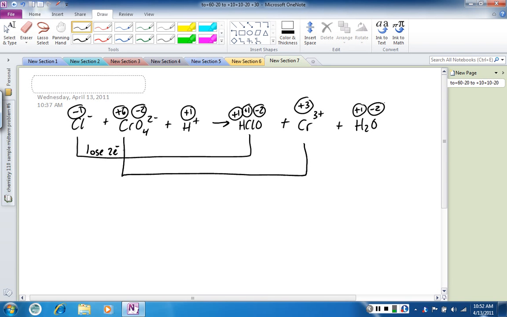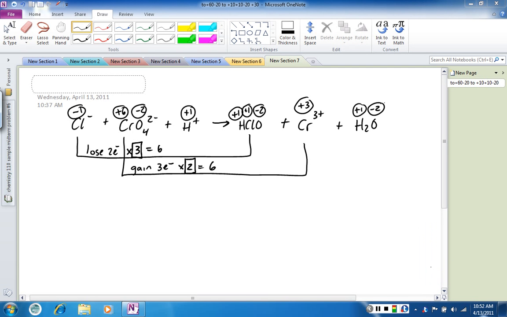And from Cr plus 6 to plus 3, you're going to gain 3 electrons. We want to make those two equal, so we're going to multiply this top guy by 3 to get 6, and the bottom by 2 to get 6. Remember, the ones you multiply now become coefficients for the species that the arrow is connecting.